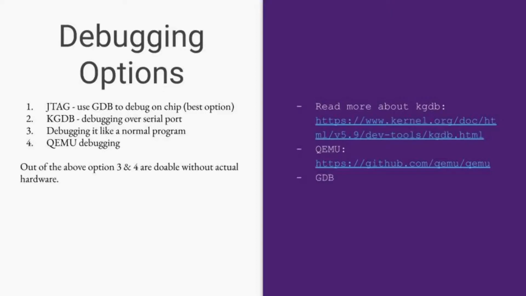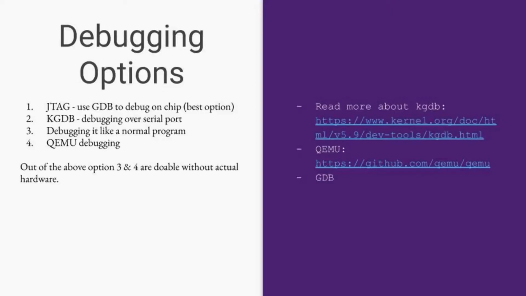And the way that works is that you start a GDB server that is connected to the JTAG adapter, and then you connect using GDB to that GDB server, and then you can interact with the hardware over the JTAG connection.